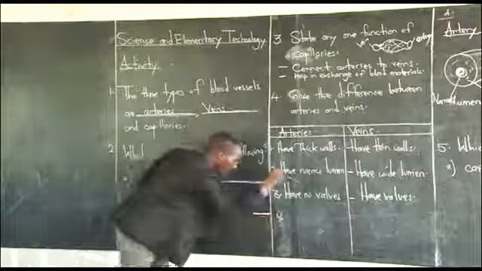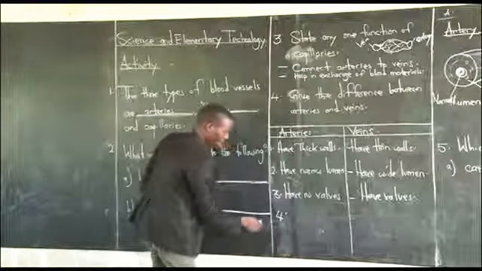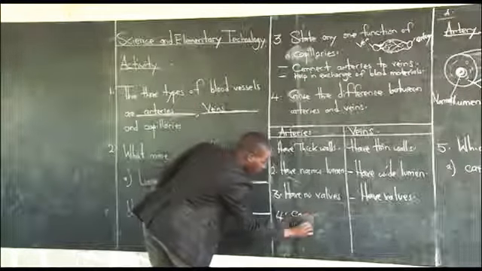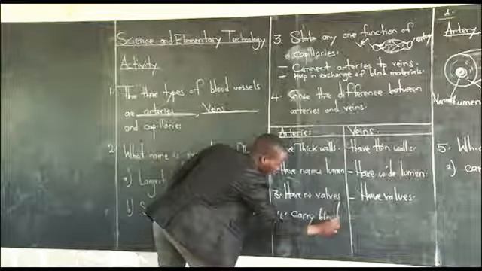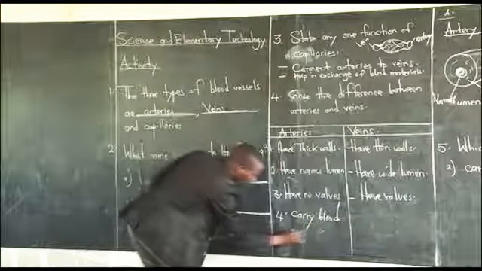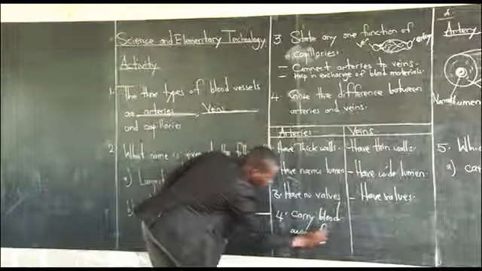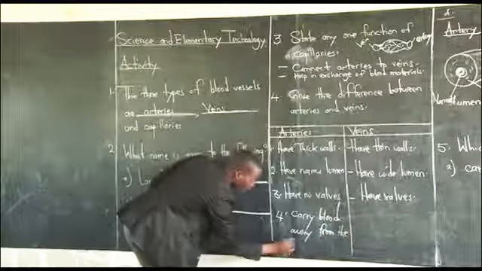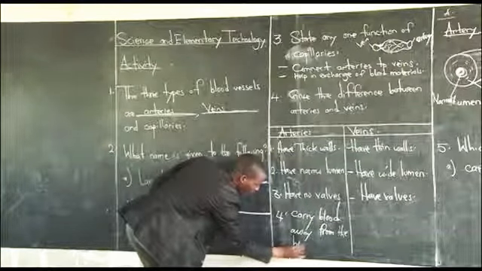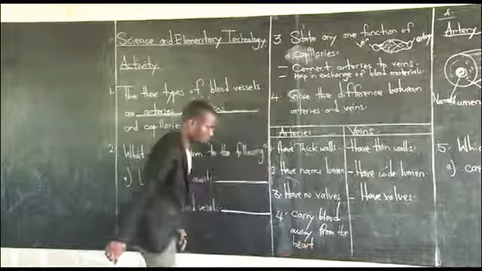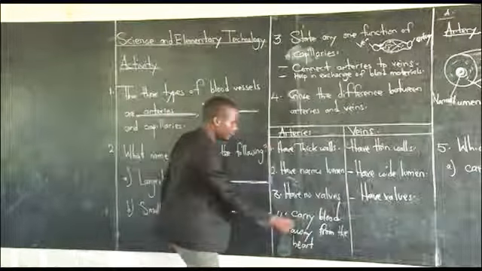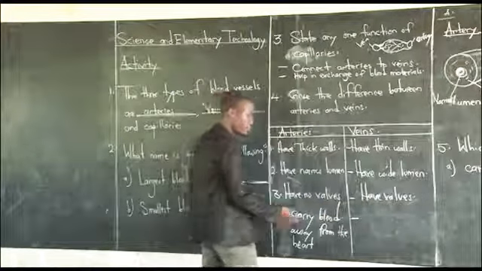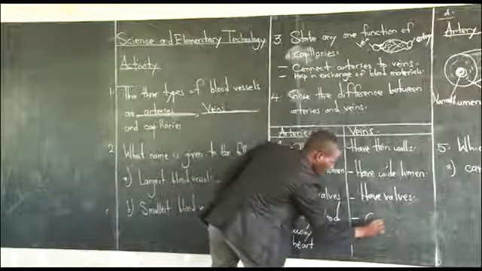So check on number 4. Arteries carry blood away from the heart. Then this side, the opposite, for veins, carry blood towards the heart.